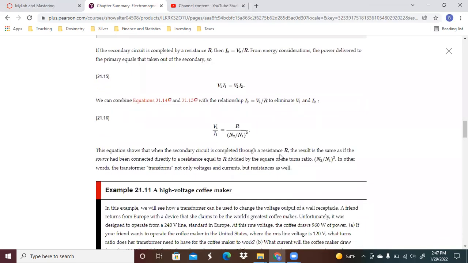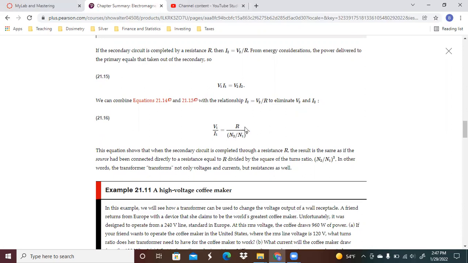So if the secondary circuit is completed by resistance R, then I2 is equal to V2 divided by R. For energy considerations, the power delivered to the primary equals that taken out of the secondary. So V1 I1 is equal to V2 I2.